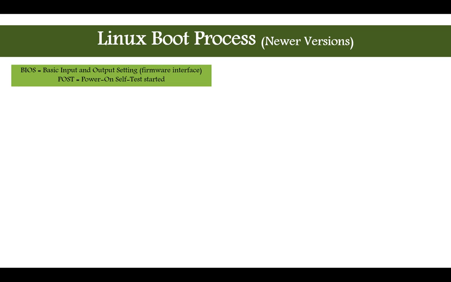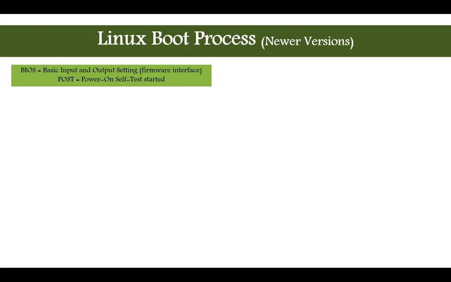That firmware is called BIOS, which stands for Basic Input and Output System. So it takes the power on, starts up, and goes through the POST process. POST stands for Power On Self Test, meaning it goes through all the hardware that is attached that makes up the entire computer system.